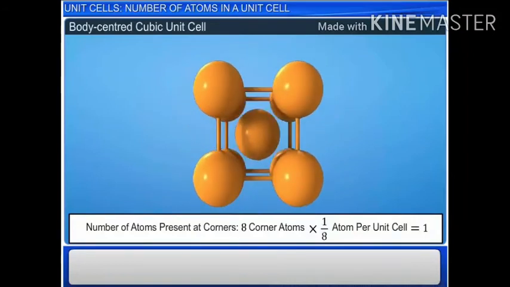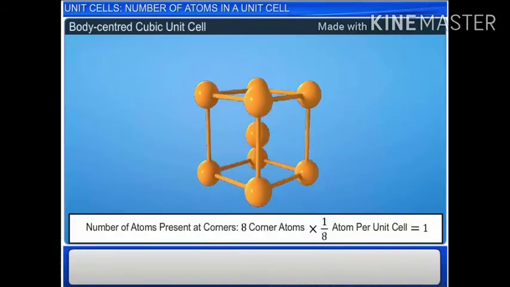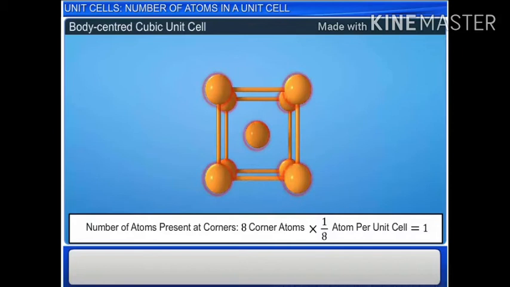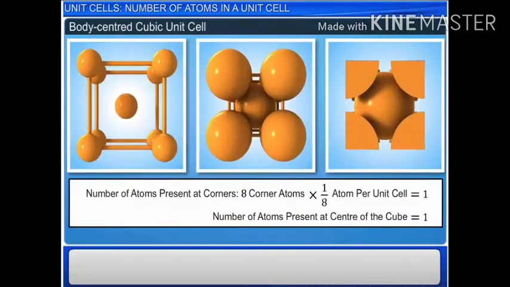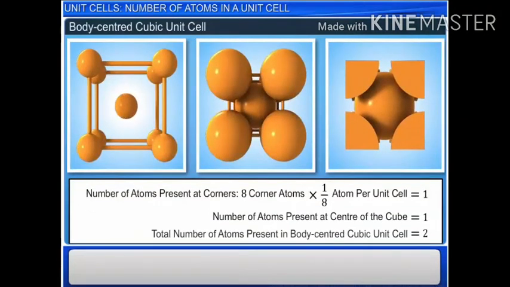Therefore, the number of atoms at the corners per unit cell is equal to 8 corner atoms times 1/8 of an atom per unit cell, which is equal to 1. There is one atom at the center of the cube. Thus, the total number of atoms in a body-centered cubic unit cell is 2.